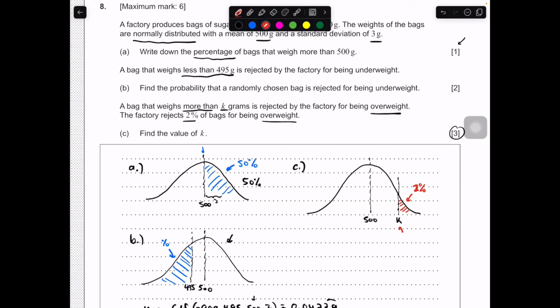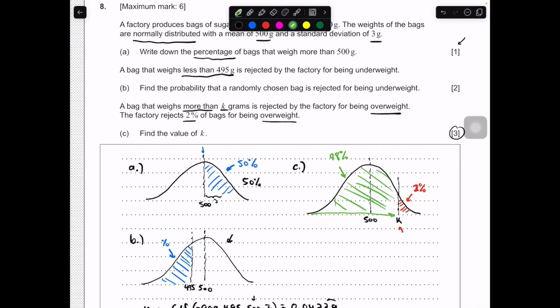What makes this a challenging 3-mark question is that, remember, our calculator sweeps out from left to right. So if this is 2%, then everything to the left is going to be 98%. When asking the calculator what area to sweep through, it's not 2%.